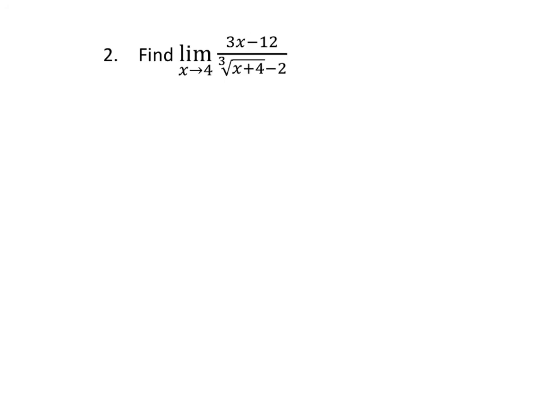It says to find the limit as x approaches 4 of 3x minus 12 over the cube root of x plus 4 minus 2. So when we plug in 4 for x, you get 0 in the numerator, and when you plug that in here in the bottom, you get 0 in the denominator. So what we would do, remember, you cannot write equals 0 over 0. You don't want to lose points for that.